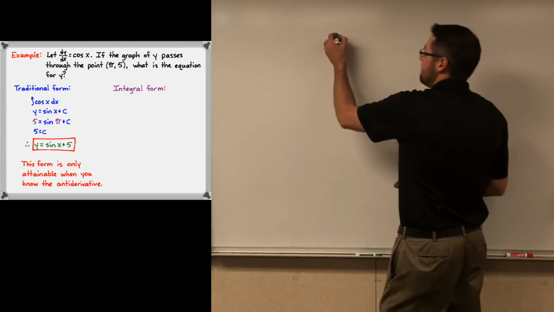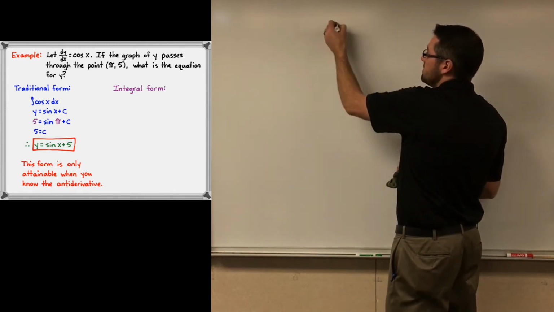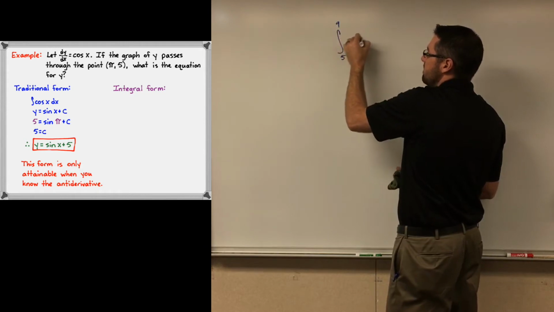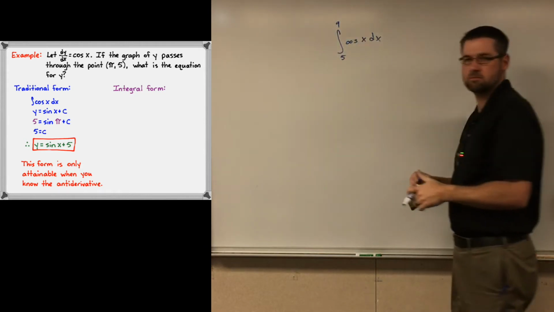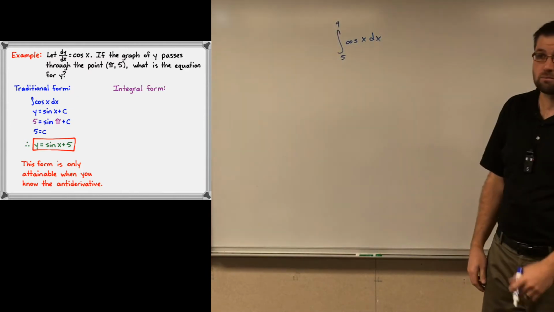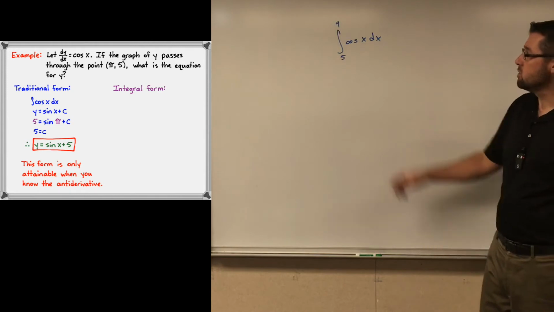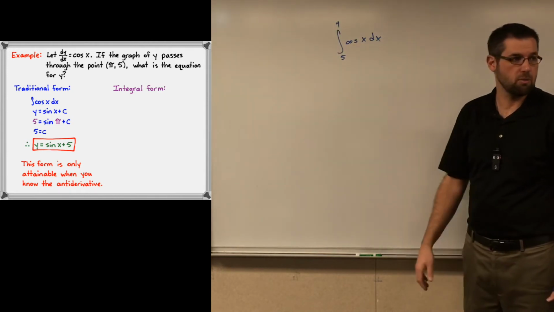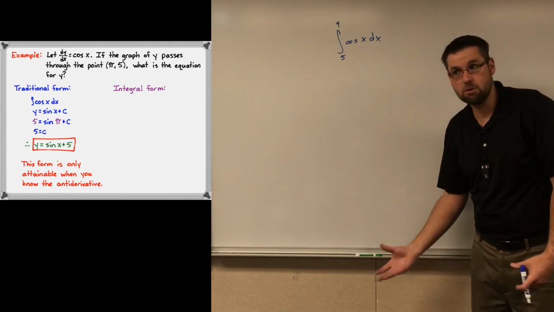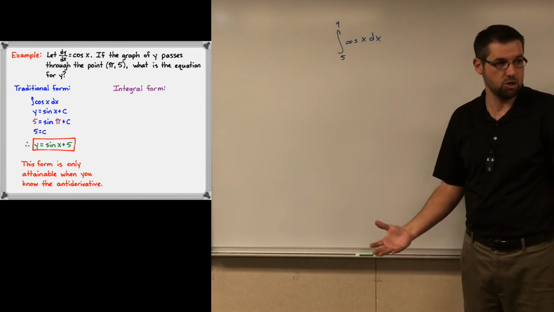Let's say I've got the integral from 5 to 9 of cosine of x dx. Can you solve that? Yeah, you can. You would take the antiderivative and then plug in the upper and lower bound and subtract, right? What kind of answer do I get? A number, right? I get a numeric value.